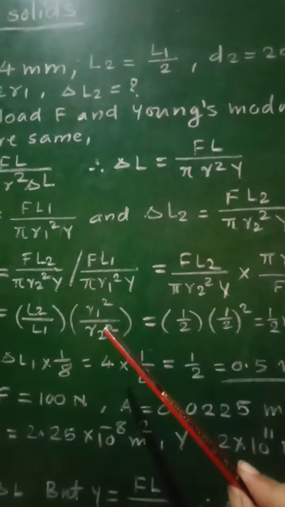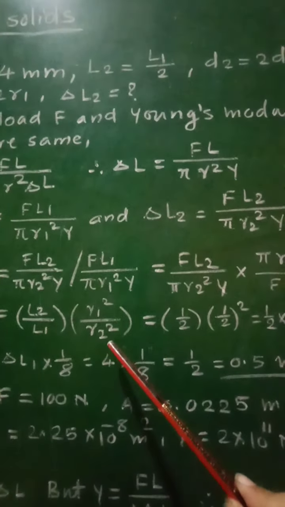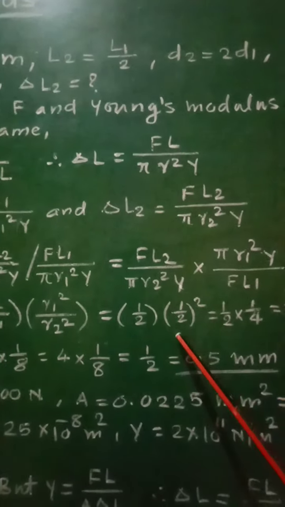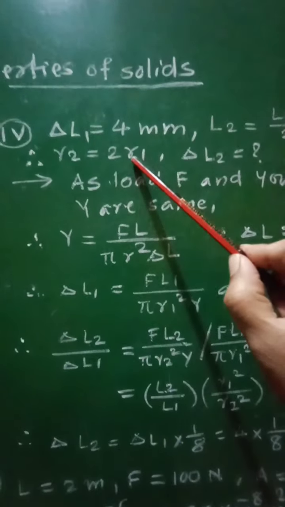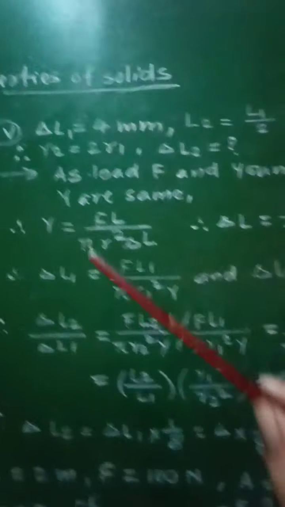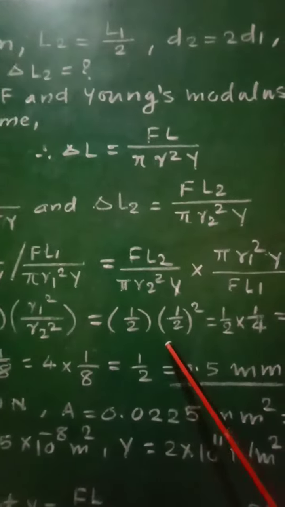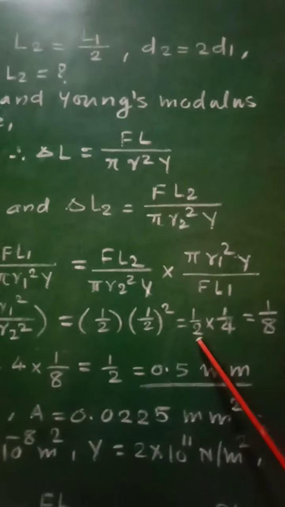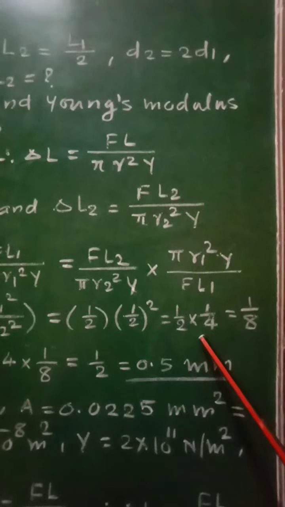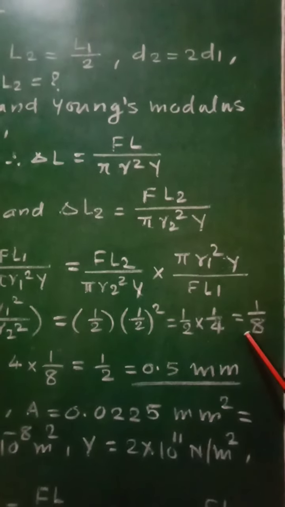Similarly, R1 square by R2 square will be equal to half square, because R1 by R2 will be again half and its square is there, and therefore we get half into 1 by 4, which comes out to be 1 by 8.